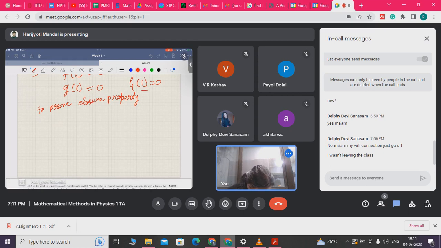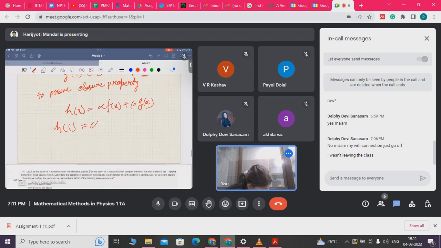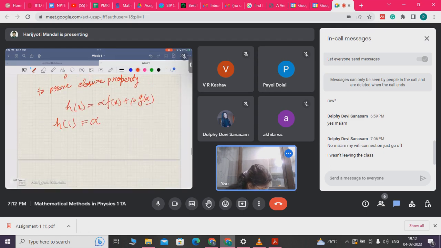Because for the rest of the values of x, everything is the same as option 1. Okay, so h, which is alpha f(x) plus beta g(x), we need only h(1) is equal to 0.